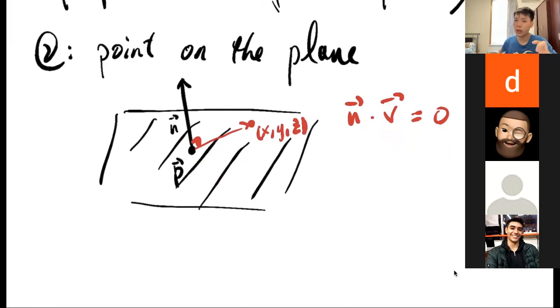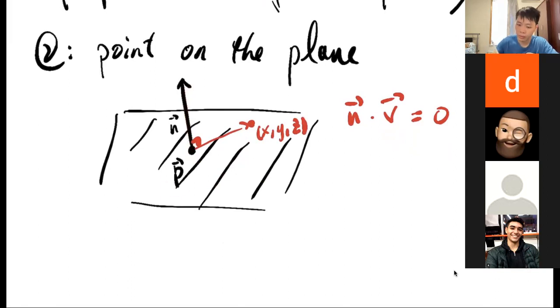We want to know what x, y, and z represent. What can we express x, y, and z with? The information we have, which is the normal vector and the point P.